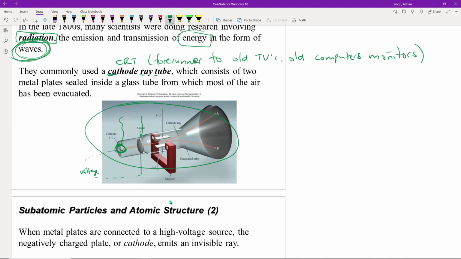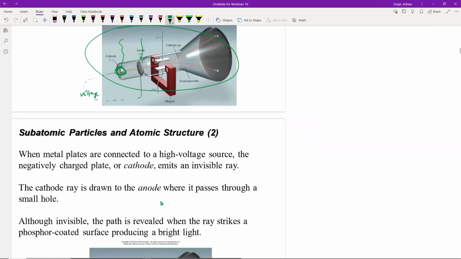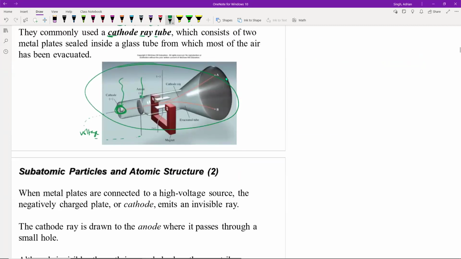And how do we know that it's invisible? Well, when it strikes the other side of the cathode ray tube, if that surface is coated in phosphor, it actually glows.